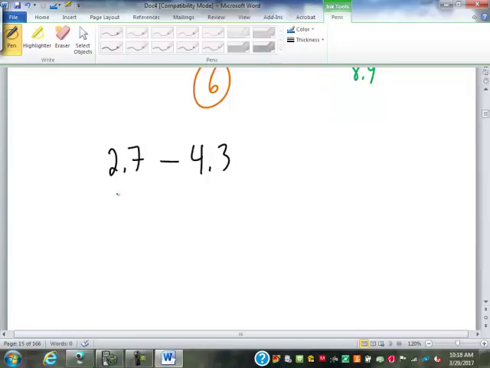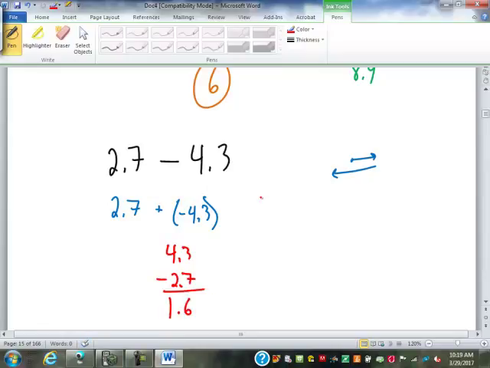So the biggest thing I would say is do this. That's 2.7 plus a negative 4.3. So here we've got a positive 2.7. Negative 4.3 goes the opposite direction and it's longer. So what that's telling us is the answer has to be negative, and it's the difference between their lengths, their magnitudes. So I can just do 4.3 minus 2.7, which is going to give me 1.6. I know it's a negative.